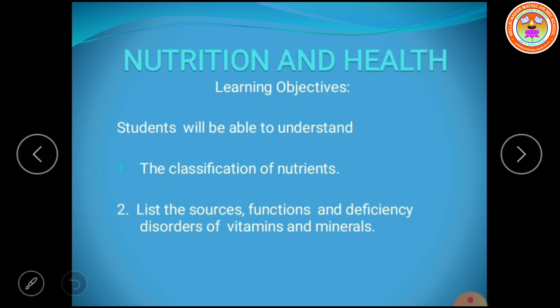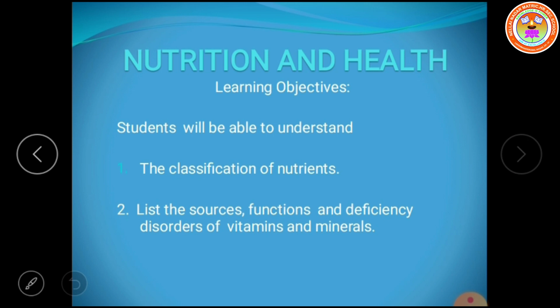Students, at the end of this lesson you are going to understand different types of nutrients, their sources, functions, deficiency disorders of vitamins and minerals, and also gain knowledge about the different types of food preservation, identify the adulterants in food, and explain the role of food quality.